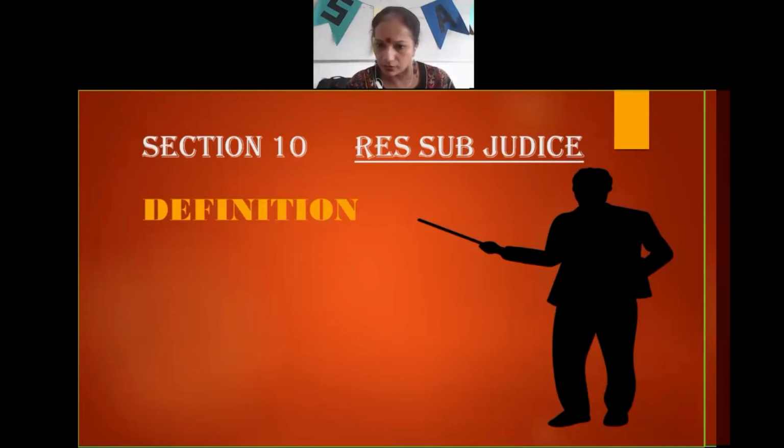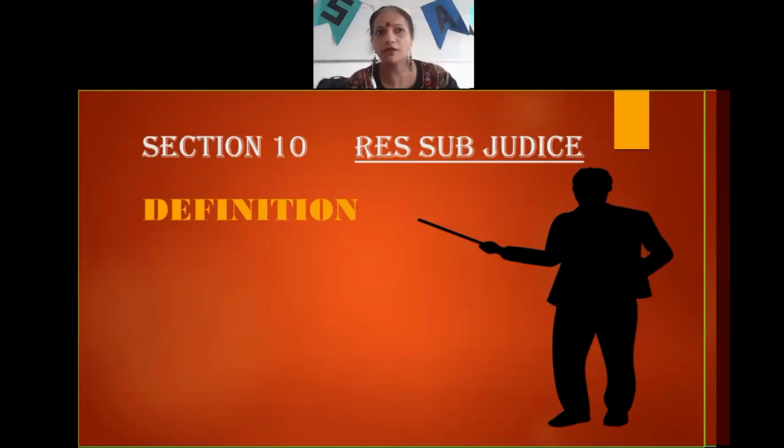But there are two suits, one previously filed suit and later the subsequent suit. The previously filed suit is not yet decided by the court, and the subsequent suit has come before a court.